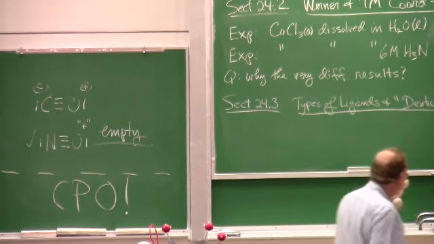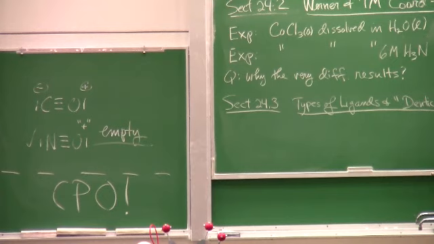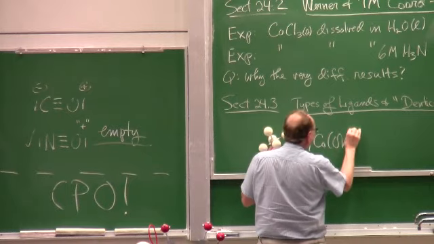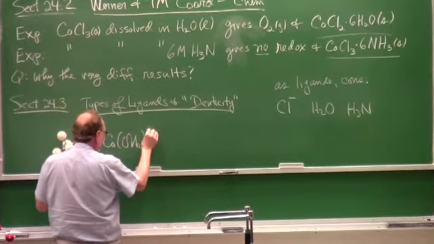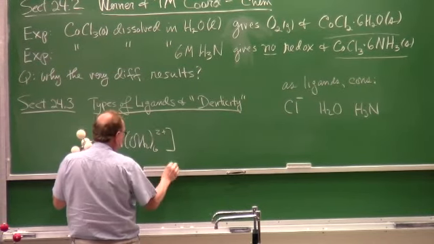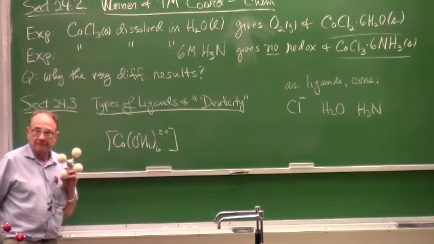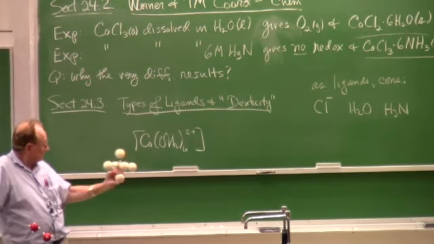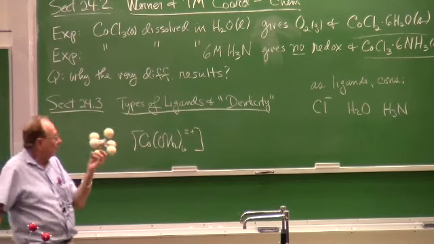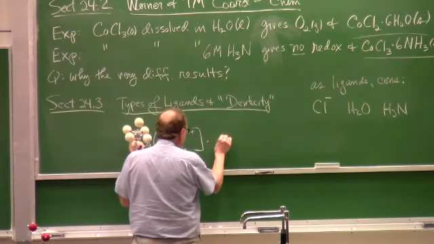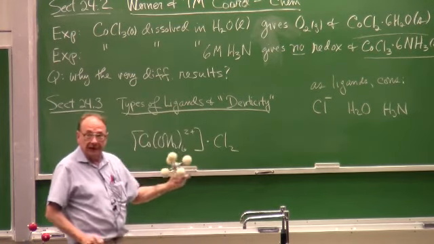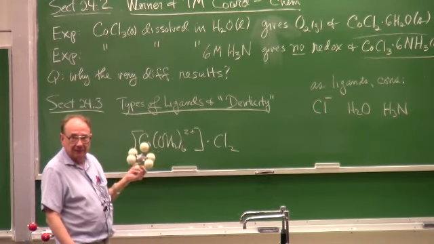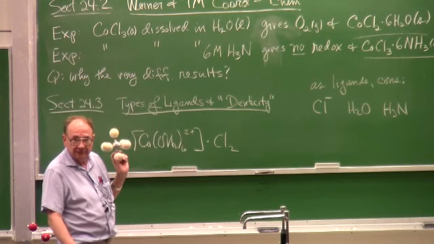Because what we now know regarding this first experiment is that cobalt is complexed by water molecules to make this thing, which is octahedral. And the chloride ions, that's not a chlorine molecule. Those are two chloride ions which are connected to this complex because of Coulombic attraction. All right?